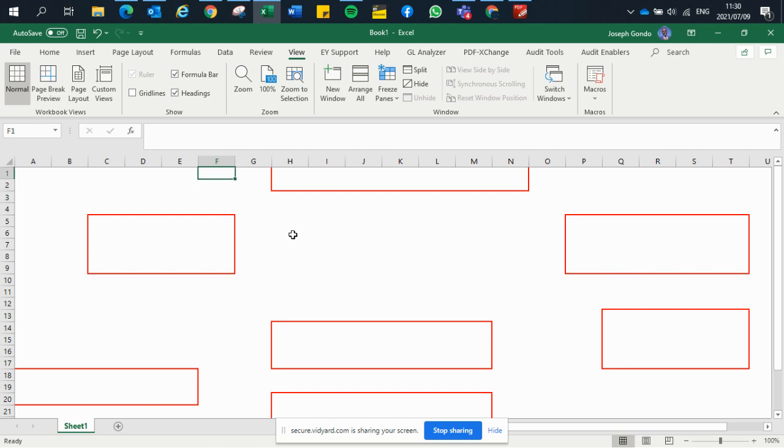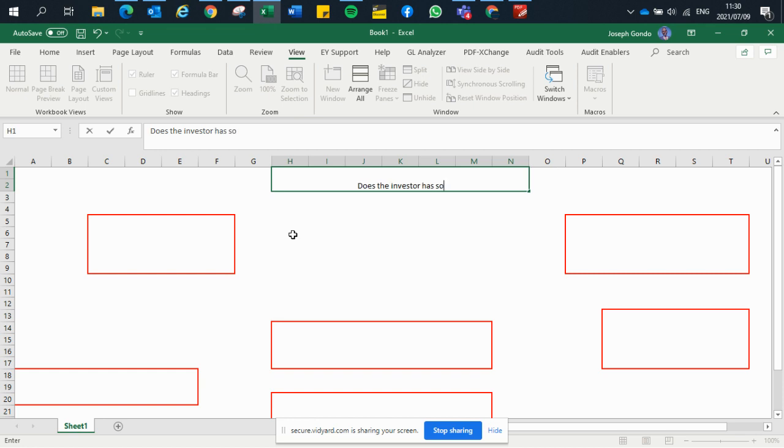So, the first question that you have to ask yourself before you determine whether we have a subsidiary, some kind of joint arrangement, or an associate is: does the investor have sole control over the investee?